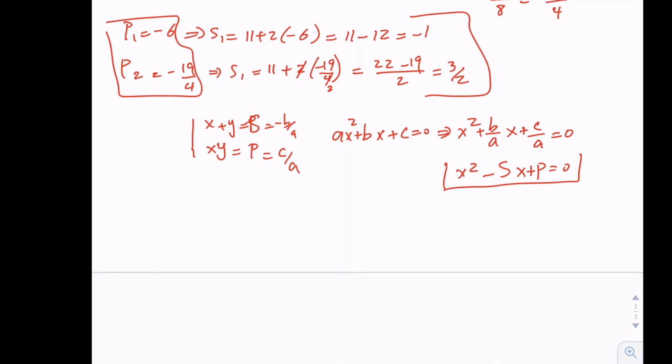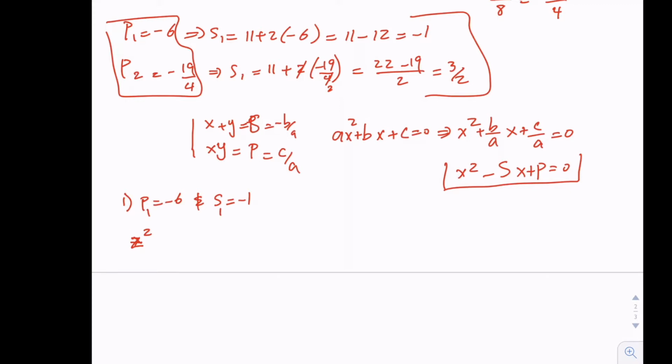So we need to form two equations, one for each of these sets of S and P's. So for case 1, or equation 1, where P is minus 6 and S is minus 1, the equation will be x squared, or let's call it z, just so that it is different from x and y.